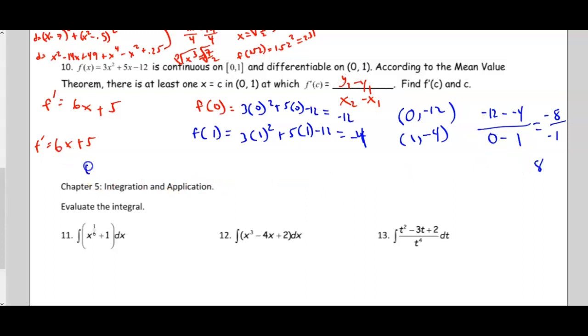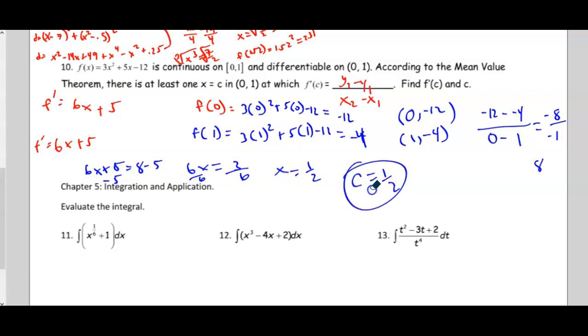So we take that, and I'm going to subtract 5. So 6x equals 3. Then divide by 6 on both sides, and you get x equals 1/2. Or in this case, c equals 1/2. That's what we were looking for, c. So c equals 1/2.